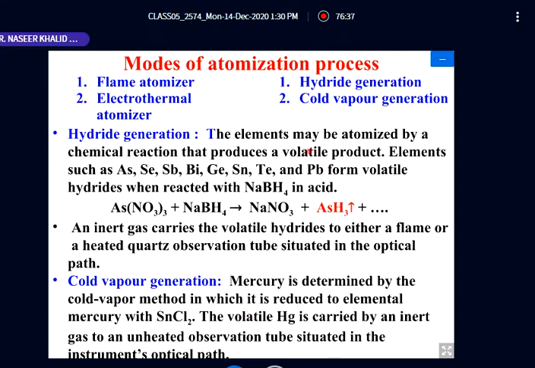Elements such as arsenic, selenium, antimony, bismuth, germanium, tin, tellurium, lead form volatile hydrides when they react with, for example, sodium borohydride. Hydrogen gas is generated and reacts with these elements.